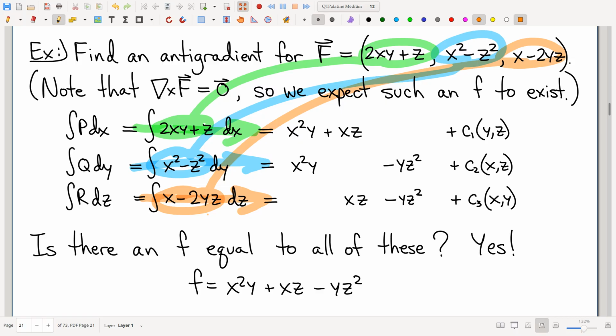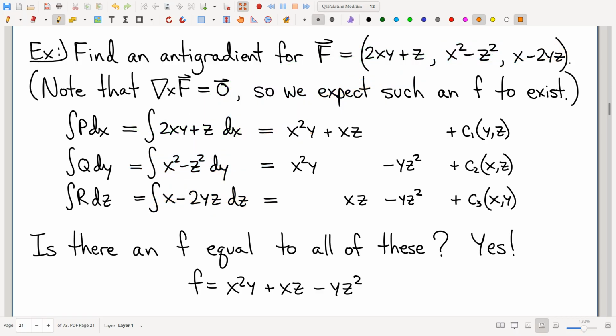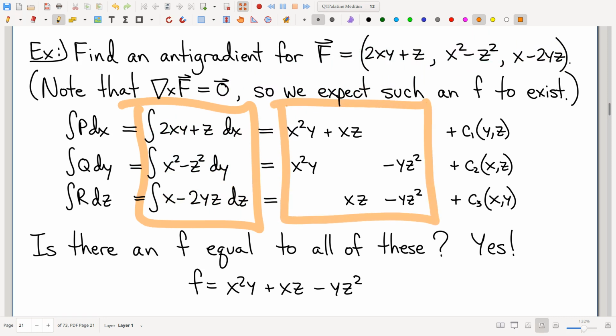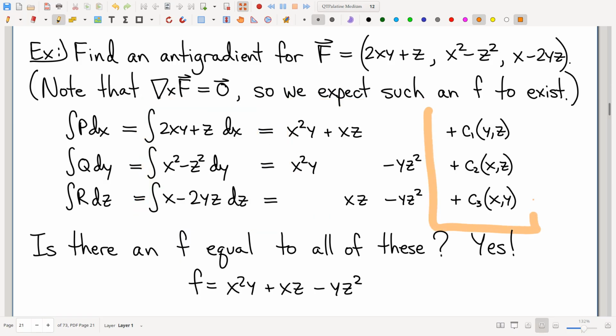So with that in mind, here's what we get. Ignoring the integration constants, these are the antipartials. And then, by the way, of course, we do have to remember those integration constants. Air quotes, constants. Partial constants. Okay. And the game has begun.